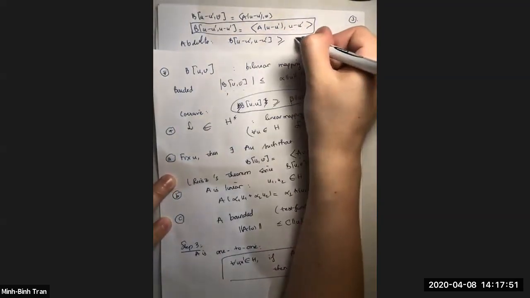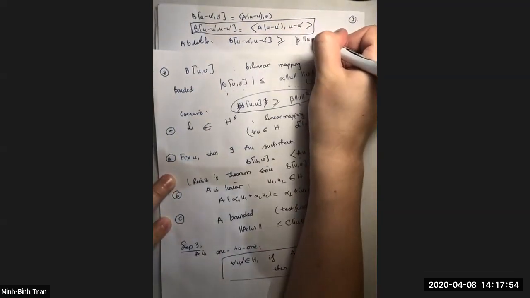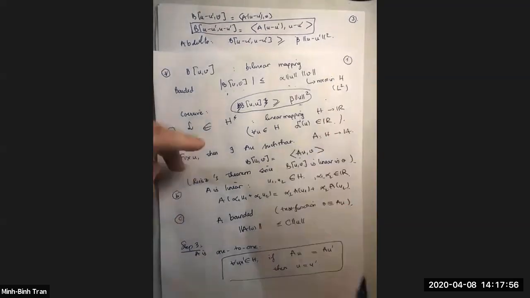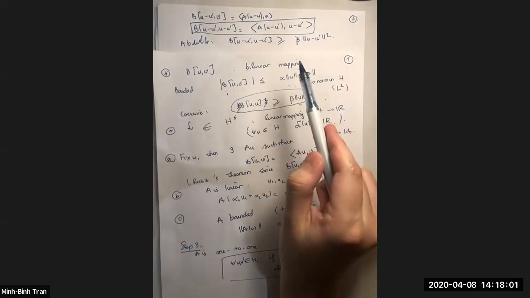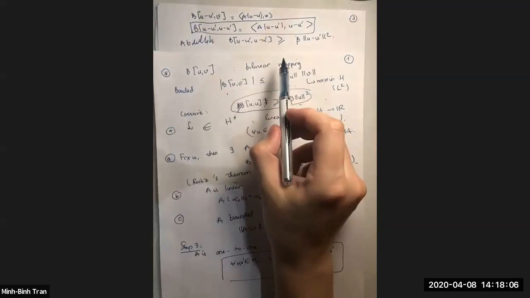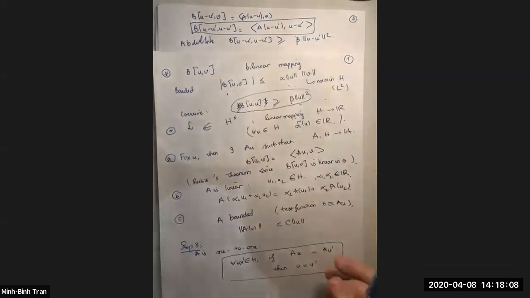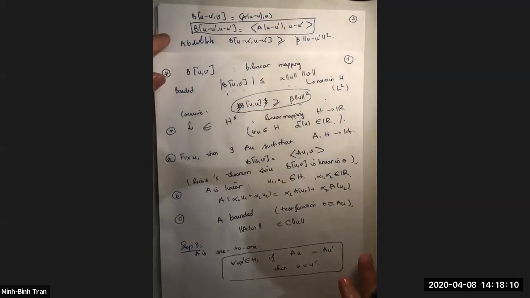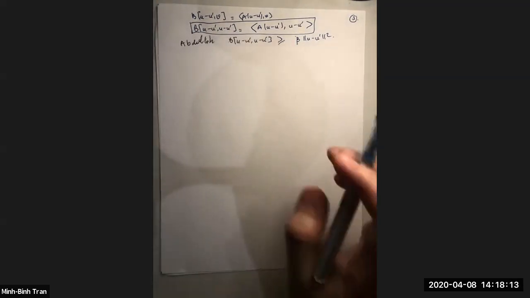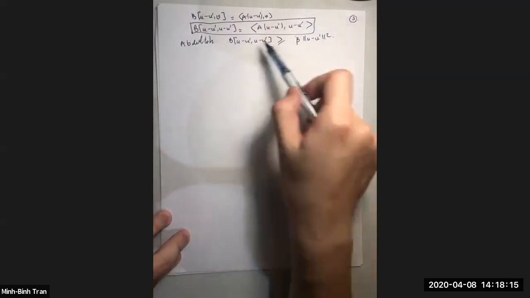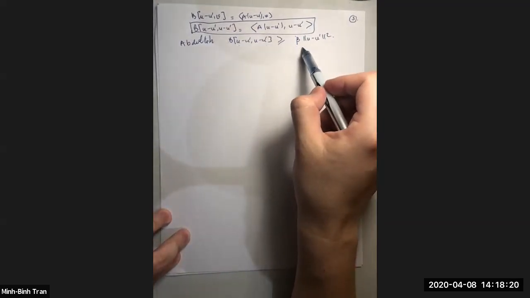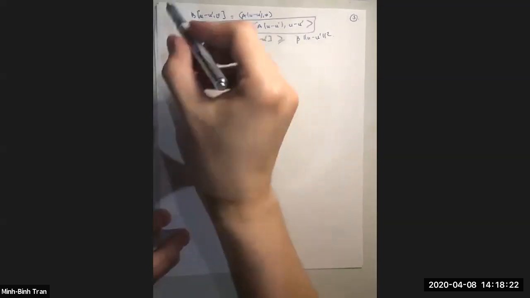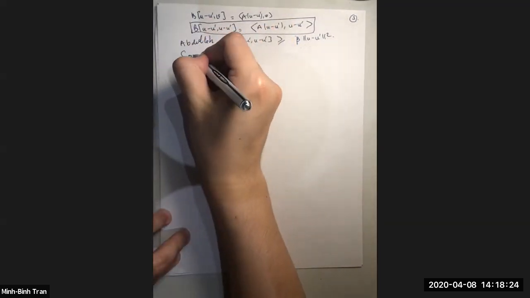This is going to be bigger than beta times the norm of U minus U prime squared. Abdullah is correct in the sense that I forgot the beta. Following Abdullah, we know that B(U minus U prime, U minus U prime) is bigger than beta times the norm of U minus U prime squared.